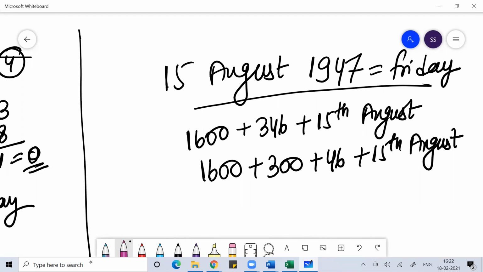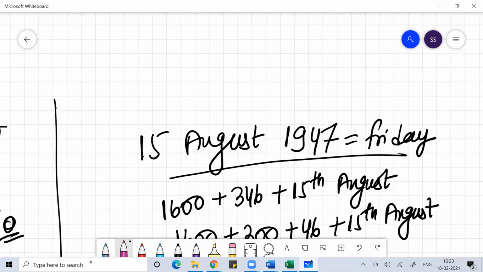So 1600 means 0 odd day, 300 means 1 odd day. Already I told you, no? Normal year, 1 day extra; leap year, 2 days extra; 100 year, 5 days extra; 200 year, 3 days extra; 300 year, 1 day extra; 400 year, 0 day extra; plus 46 years.